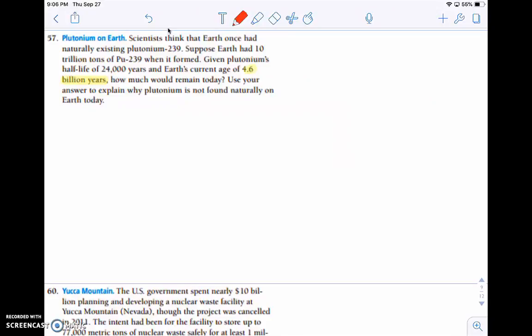So if we look at this, our initial value is 10 trillion tons. So there's billions, millions, 100,000, and then our hundreds. So there's 10 trillion, and we times it by our half-life, raised to the, in this case, 4.6 billion years is how old the Earth is.